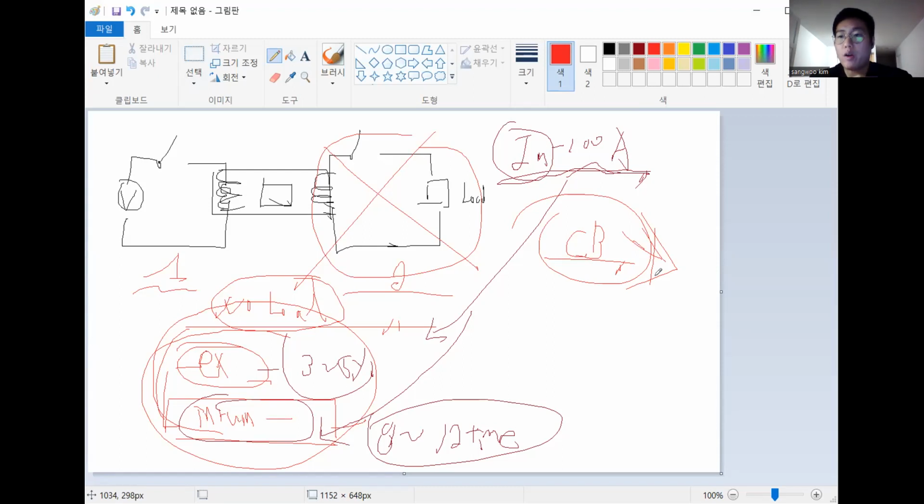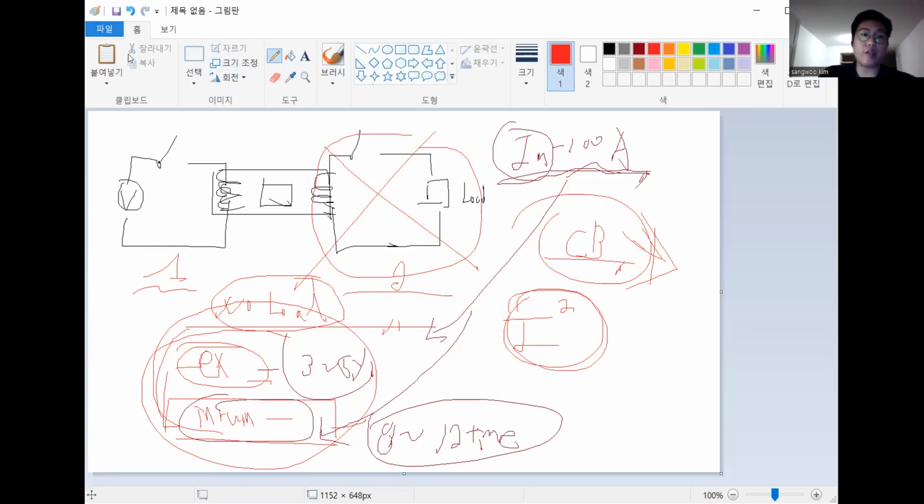Also, the magnetic forces are proportional to the current squared. That's why we need to reduce inrush current.